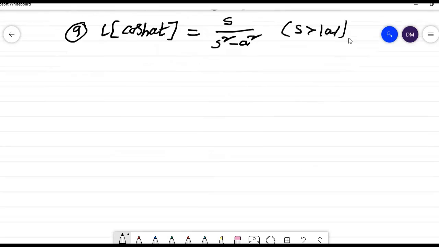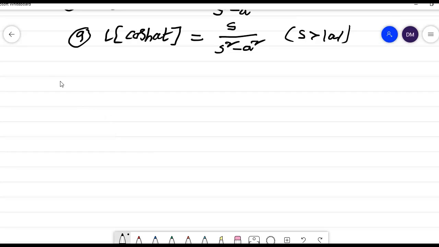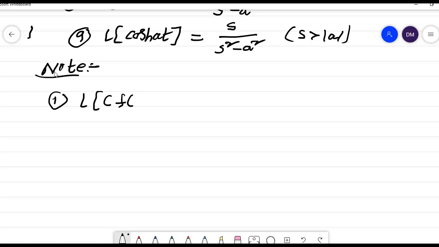Okay, now some of the important note points we have under the Laplace transform. See, the first note point is Laplace transform of c into f of t. It means that here f of t is multiplied by some constant.